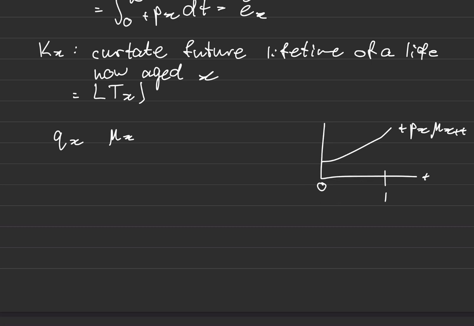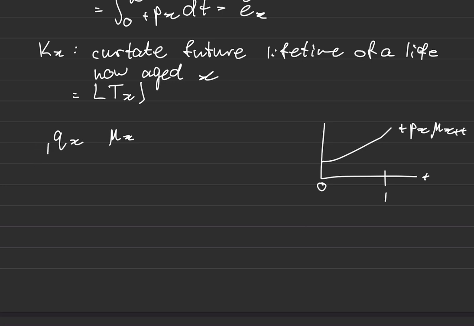Okay, so what do I have at time 0 and time 1 here? Well, at time 0, the life will be aged x. And I'm interested in qx, which is the probability that a life aged x dies within the next year. So there's an implicit 1 that's hidden over here. If the number that precedes the q or the p is 1, then you don't have to write it. Obviously, if it's 0.5, 20 or whatever, if the number is not 1, you still have to write it.